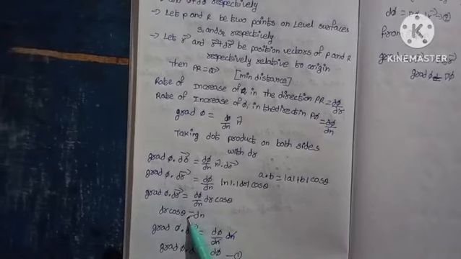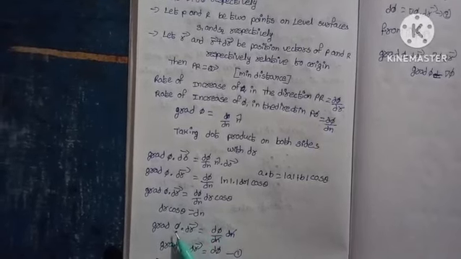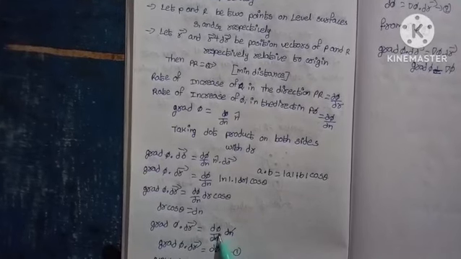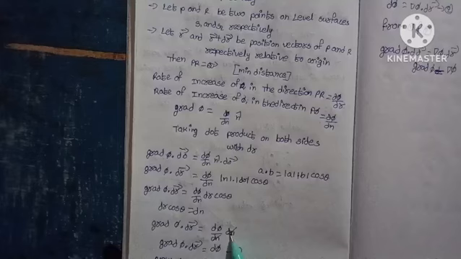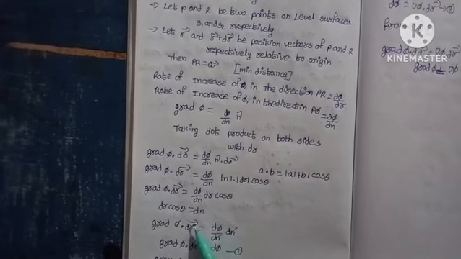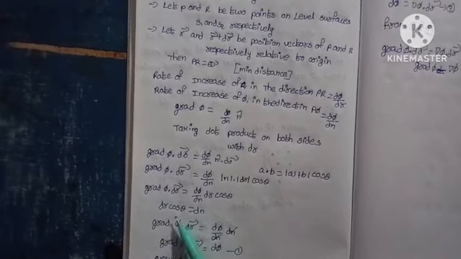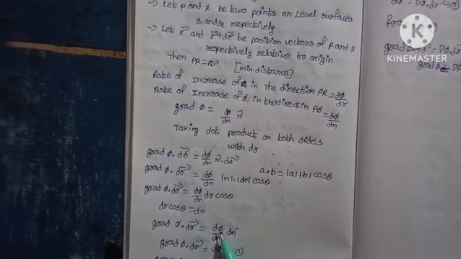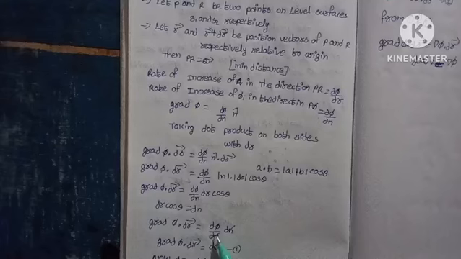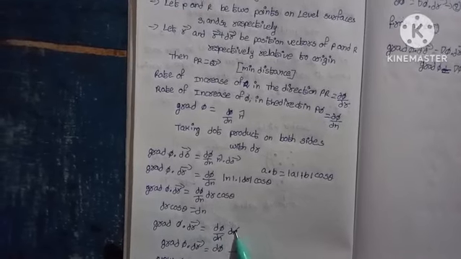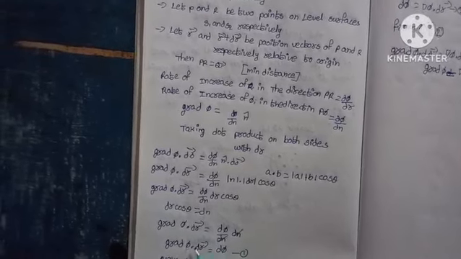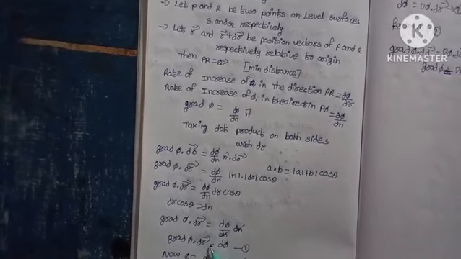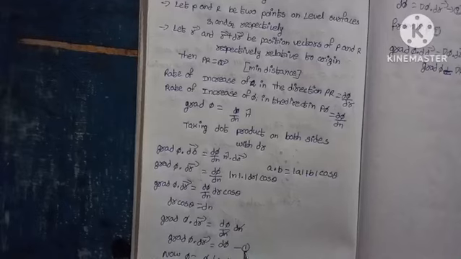Recall a dot b equals magnitude of a, magnitude of b, cos theta. Dr cos theta equals dn. So grad phi dot dr bar equals dou phi by dou n into dn. Substituting dr cos theta as dn, the dn cancels, so grad phi dot dr bar equals d phi. Equation 1.